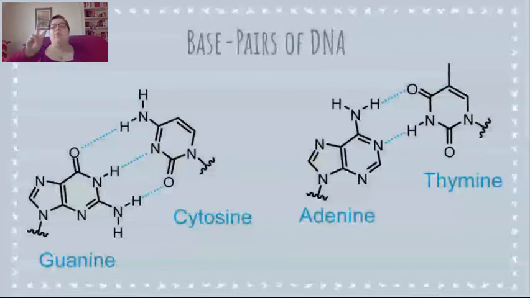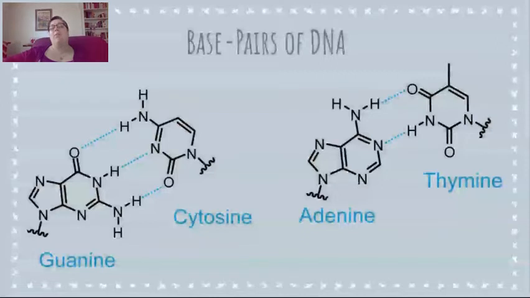Adenine and thymine have two of those places between the hydrogen at the top and the oxygen, and between nitrogen and hydrogen down below. Cytosine and guanine have three spots that want to form hydrogen bonds. So they match up perfectly.